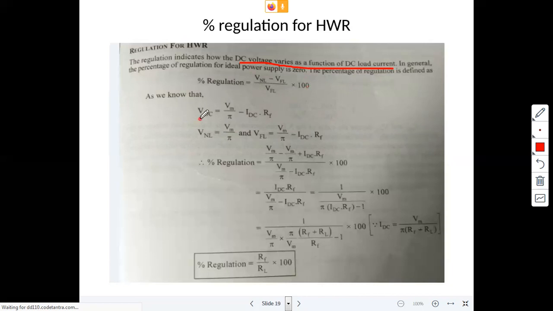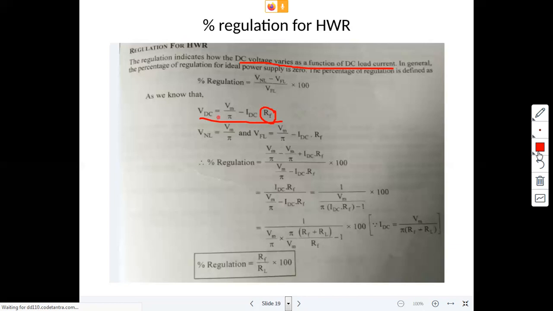So VDC is Vm by pi minus IDC into RF, where RF is the diode forward resistance. We are considering the practical diode, having a resistance RF.